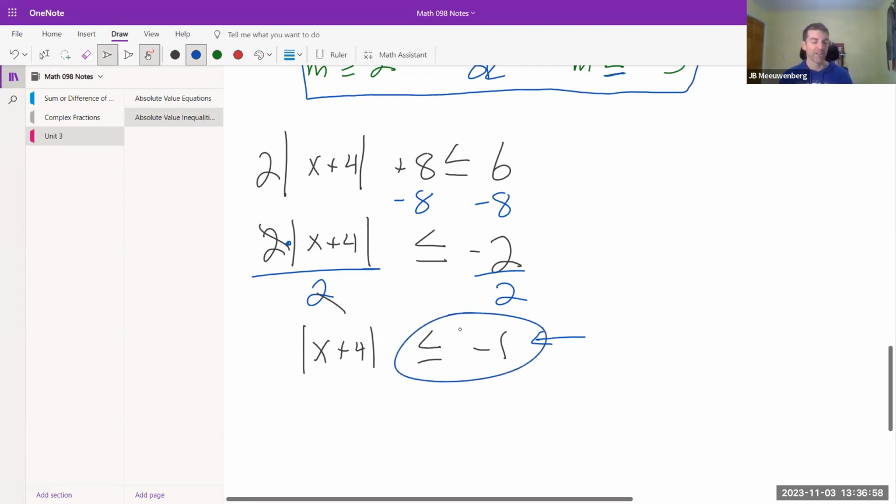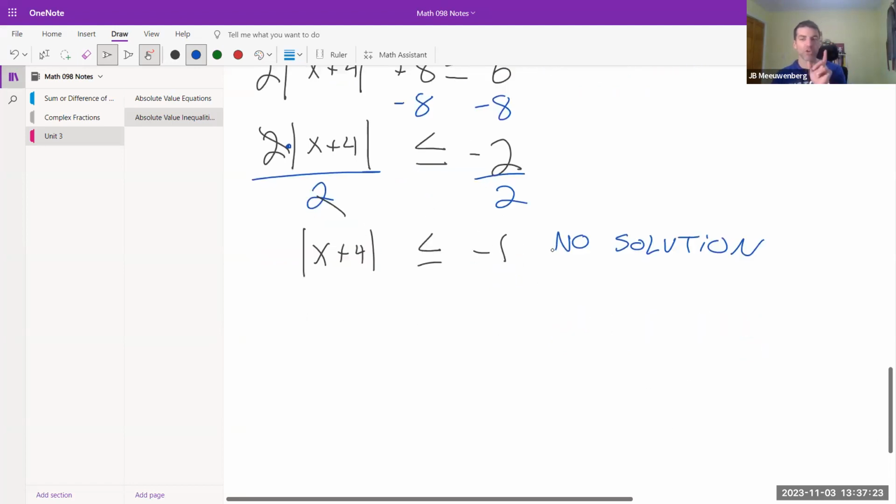Less than or equal to negative 1 means I'm only going to have a negative number as an answer. And based on what we know about absolute values, that's impossible. If we have less than or equal to a negative number, there's no way that can happen. So we say that this one has no solution.